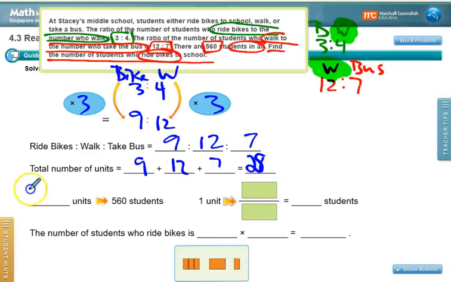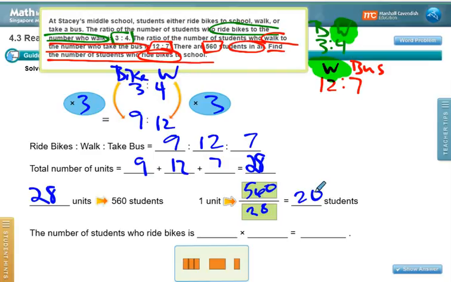So what we know is that 28 units represent 560 students total. So 1 unit then would be 560 divided by 28, which is 20 students. So each one of these parts represents 20 students.